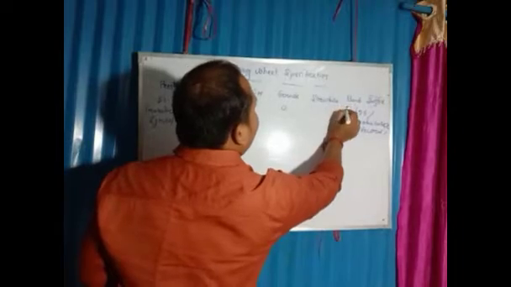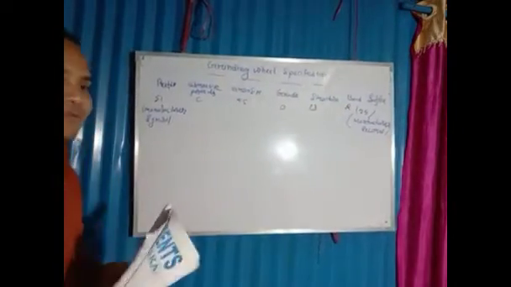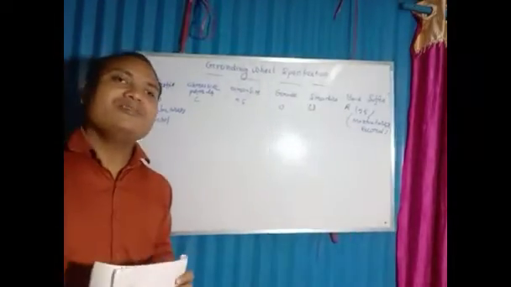The structure is 13. Two types of structure we can see. I will discuss this.